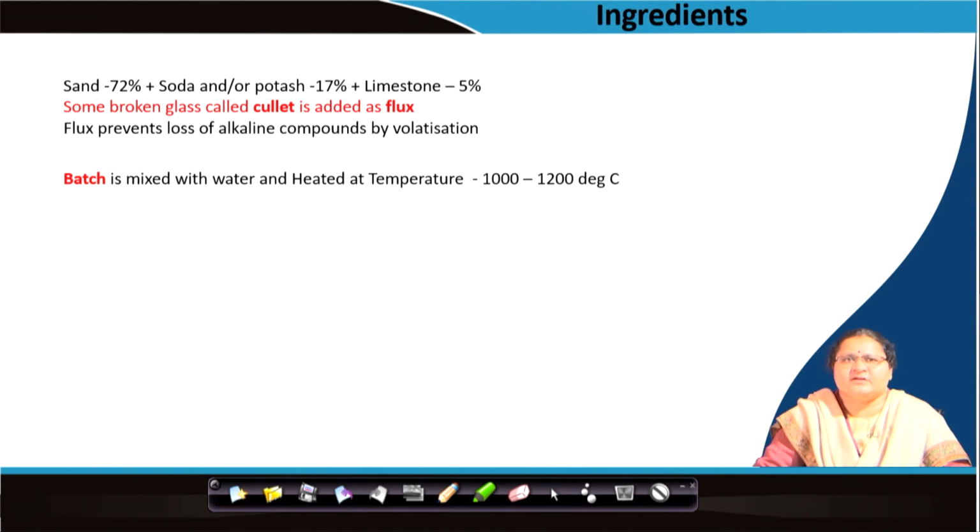Flux prevents loss of alkaline compounds by volatilization. Now this sand, soda, potash, limestone and cullet are all finely ground, and this entire mix is called batch, which is mixed with water and heated to a temperature of 1000 to 1200 degrees centigrade.